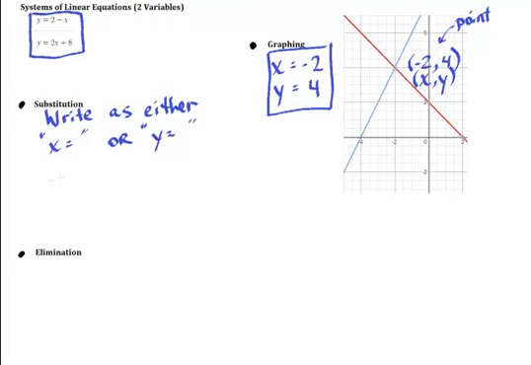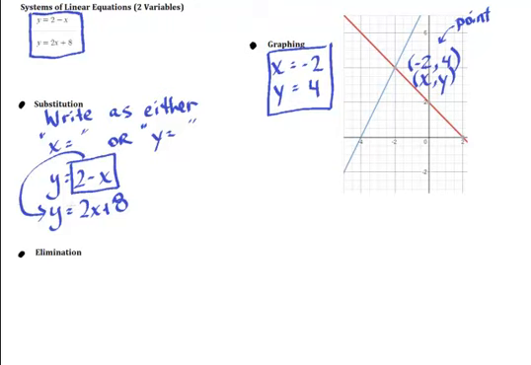If you have these two equations, y equals 2 minus x and y equals 2x plus 8, since y equals this stuff right here, you just plug that into the other one for y. So I'm going to write this as 2 minus x equals 2x plus 8. And then I just solve it as normal.